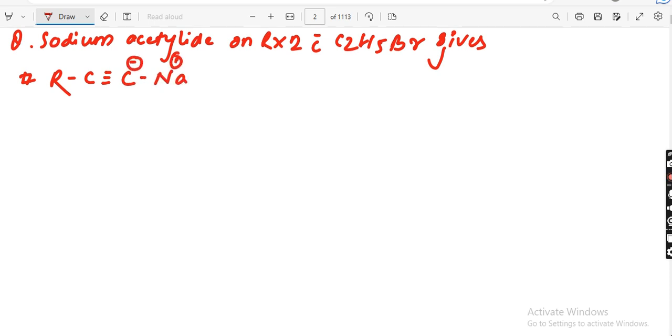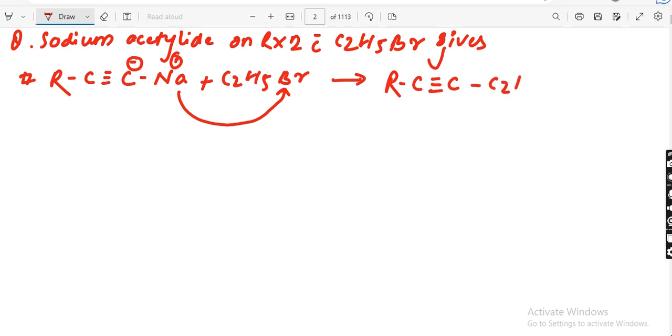Na plus and C minus actually. So this is what your sodium acetylide is. When you react this with C2H5Br, the Na will take the Br, and this will give you RC≡C-C2H5 actually. Or you can write this as RC≡C-CH2CH3 in this manner, okay.